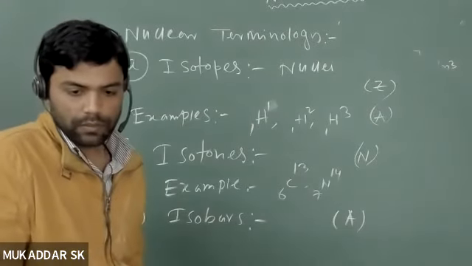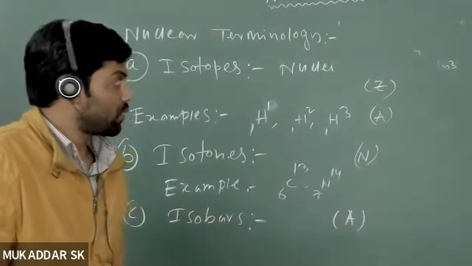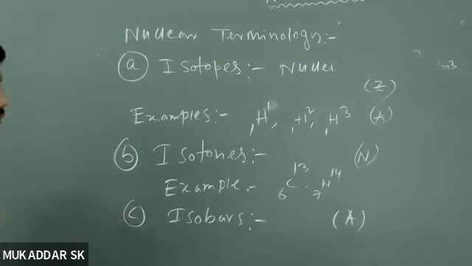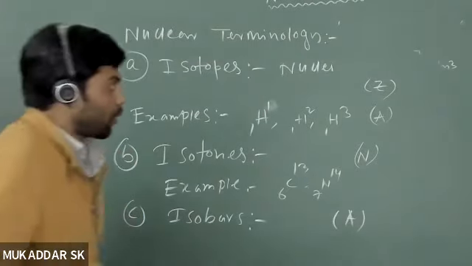Nuclei with same atomic number but different mass number. Sorry, the nuclei with same mass number but different atomic number are called isobars.